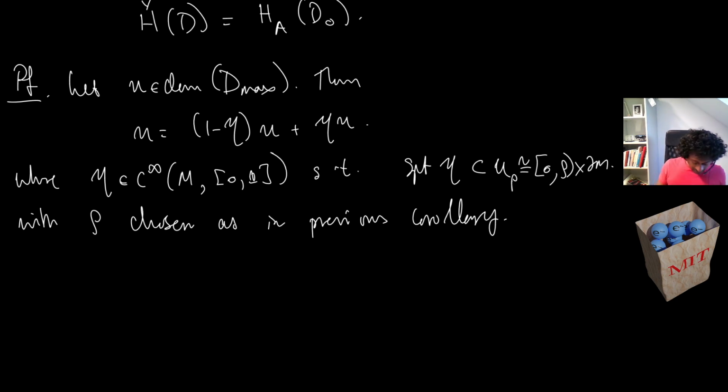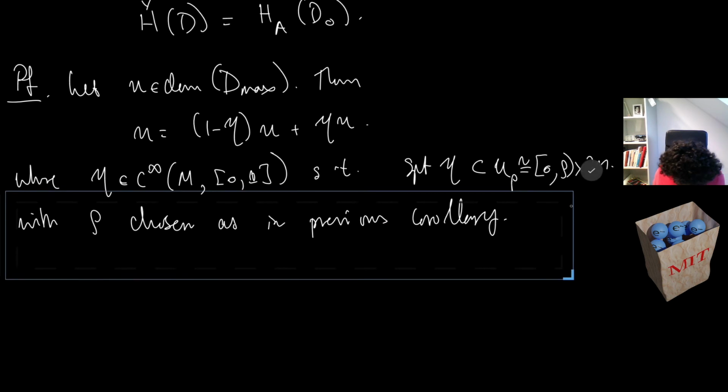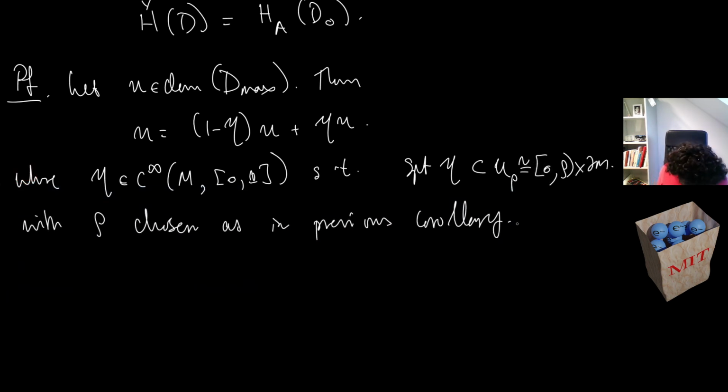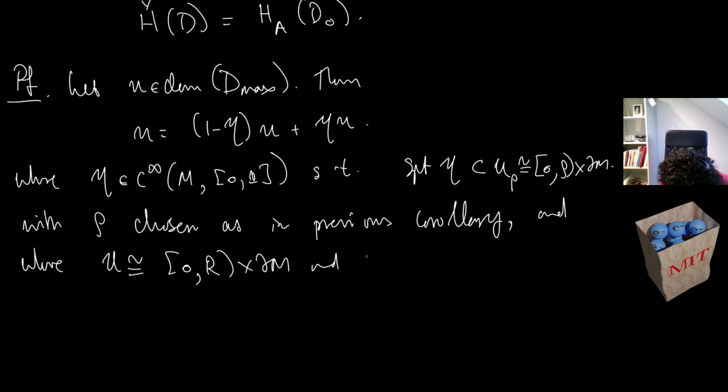Maybe I'll just say where U is diffeomorphic to some U_R, and the U_rho is defined as the pullback, or the inverse map, of this (0,rho) cross partial M, right?